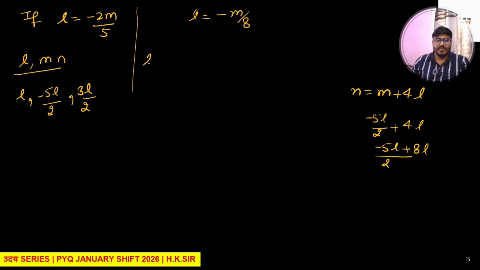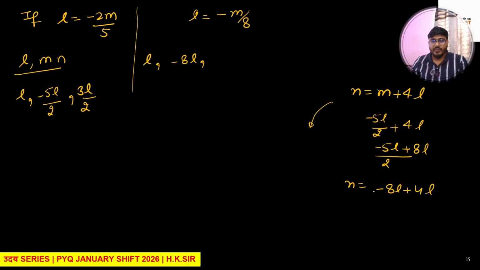What about the second line? l is this one. m is minus 8l. n we can find from here: n equals m plus 4l, where m is minus 8l plus 4l, so it is minus 4l. Can you tell me the direction ratio of this line?